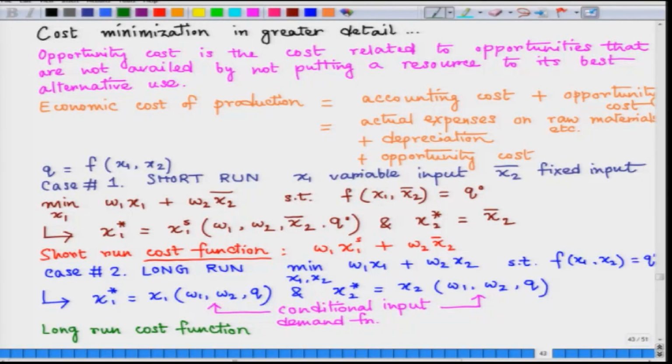This cost function is a very important concept in applied production economics literature, and we are going to study various types of cost curves next. As of now, let us have an expression for the long run cost function.